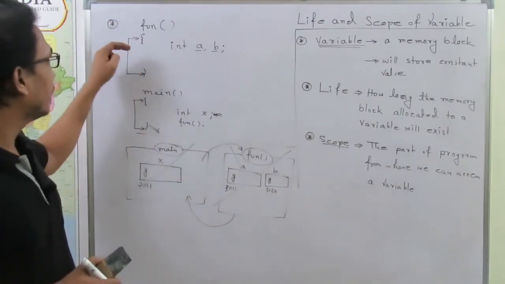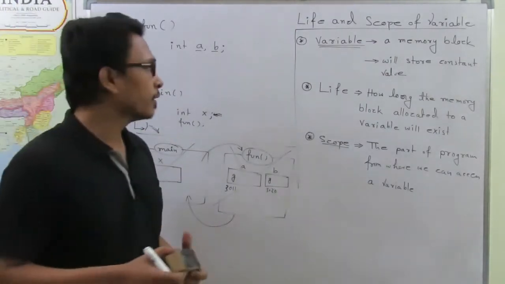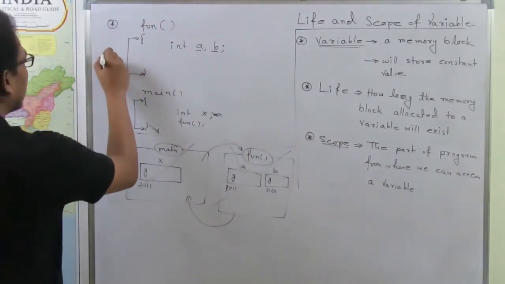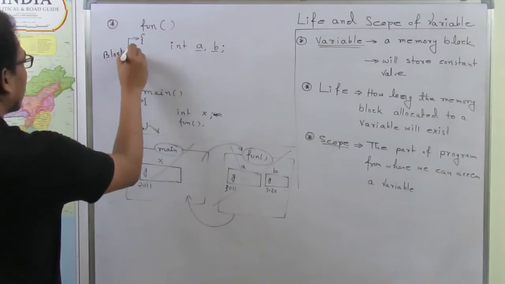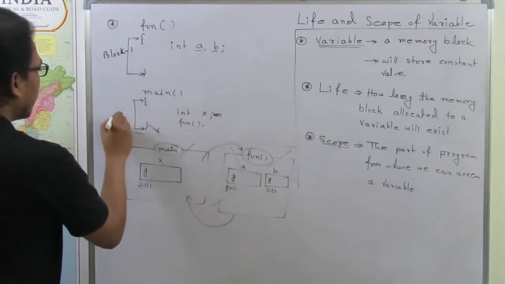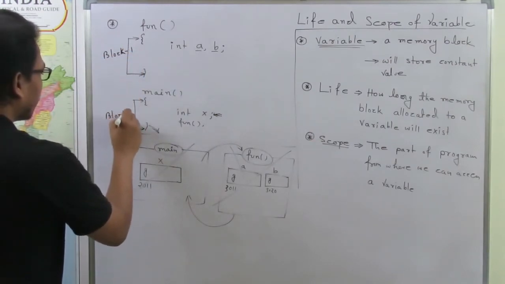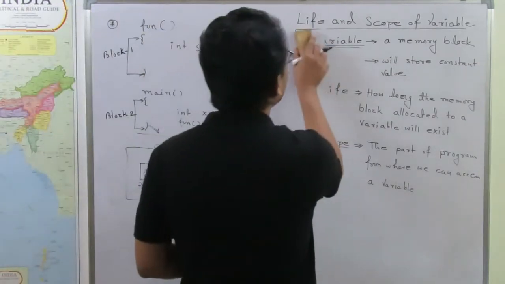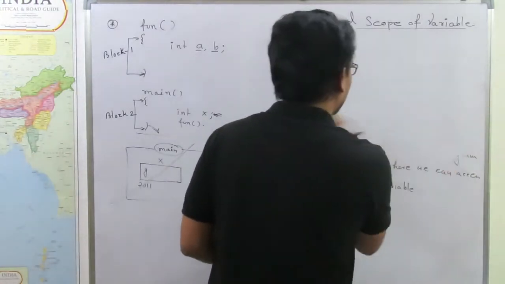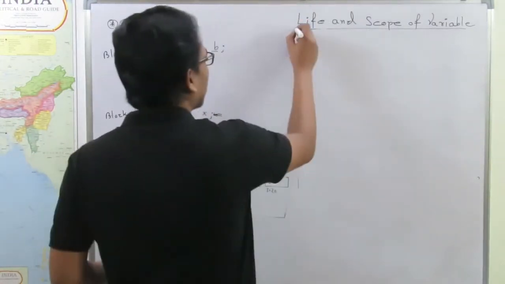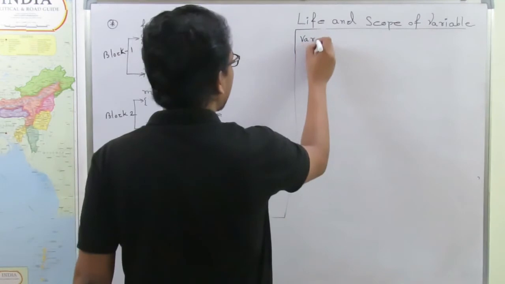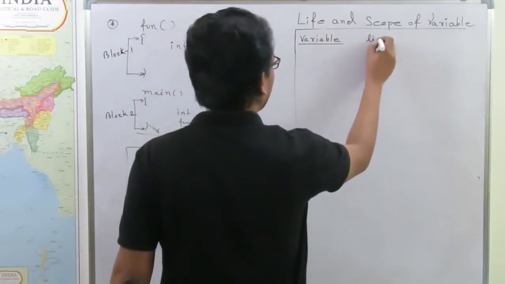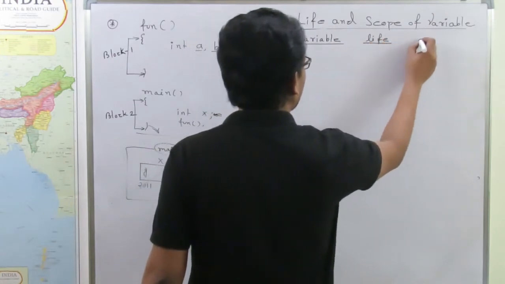So how can we define this block and scope? Let's start. Let's say this is our block 1 and this is our block 2. Now we write: variable, declaration, then life, then scope.